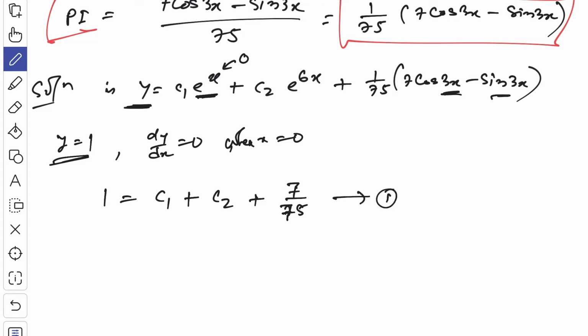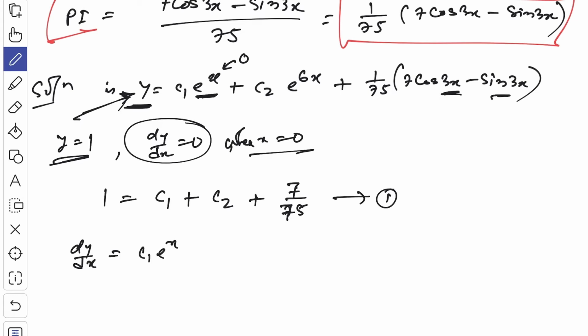This is suppose equation number 1. Again, dy by dx is 0 when x is 0. So from here we can find dy by dx. If you find dy by dx, then what you will get? Dy by dx will be equal to C1 e to the power x plus 6 C2 e to the power 6x plus 1 by 75 into minus 21 sine thrice x.